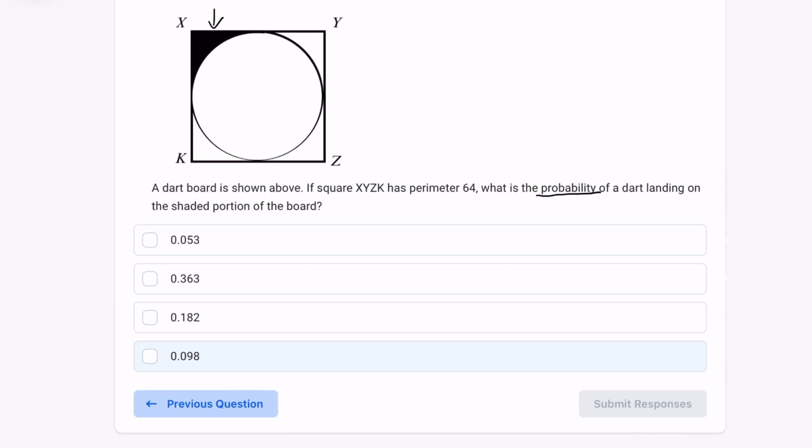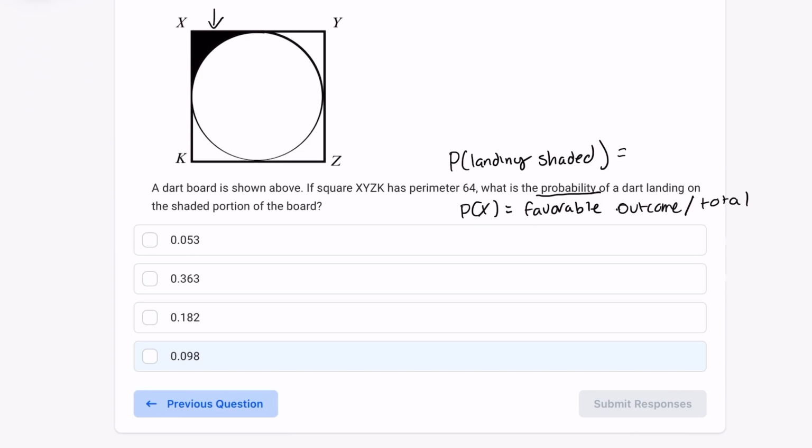So we didn't really get into probability yet, but the probability of any event happening, let's just say landing on the shaded portion, is equal to the favorable outcome over some total, the total number of outcomes.